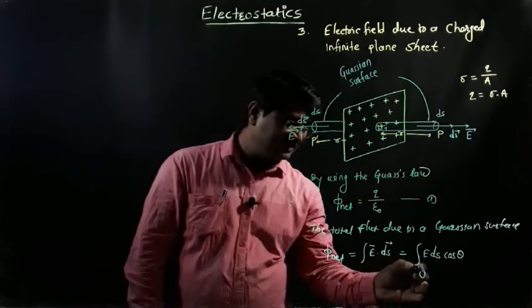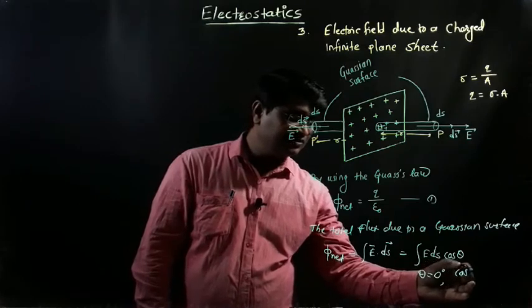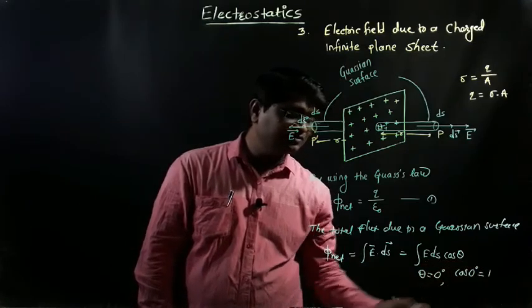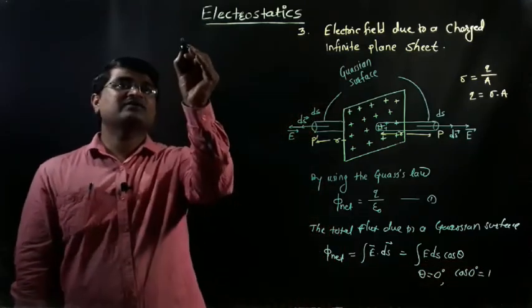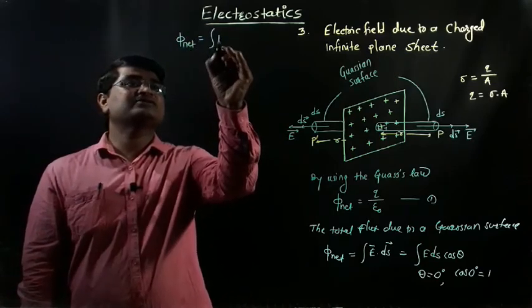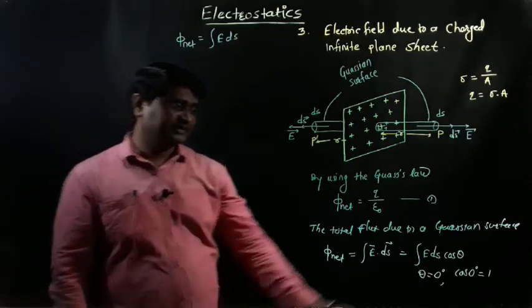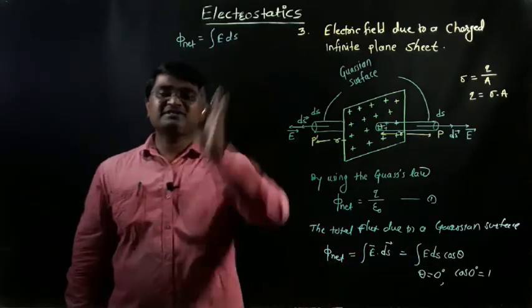So it means that here theta is equal to 0 degrees. And if theta is 0, then cos 0 is equal to 1. It means that the net flux is equal to the integration of E dS only. Get clear?